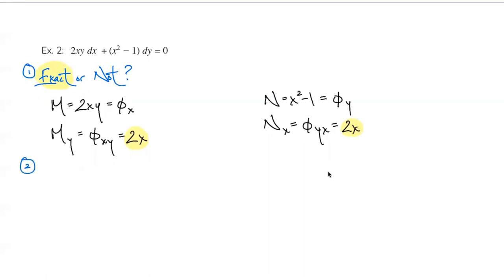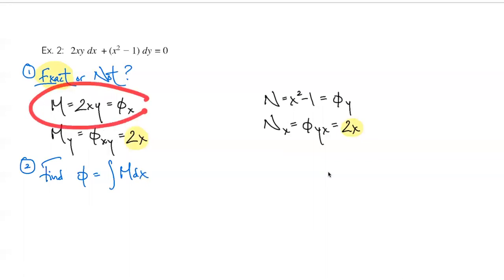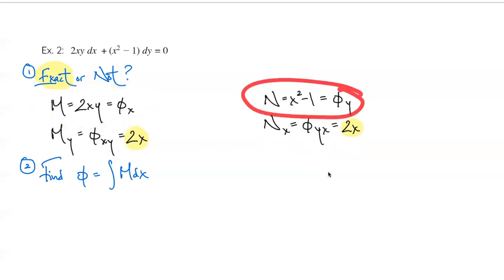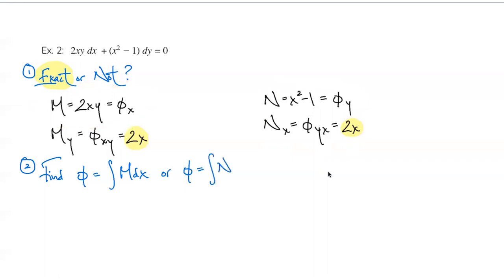The second part is we are going to find phi either as the integral of M dx, or we're going to integrate N with respect to y. We only need to do one of them.